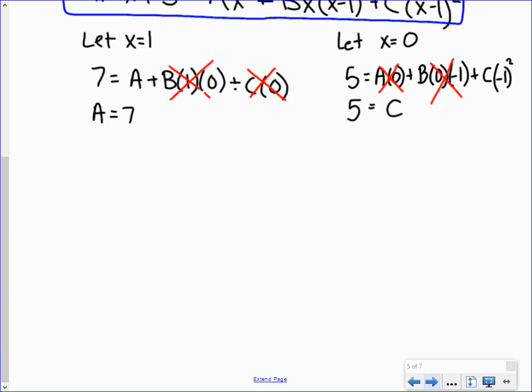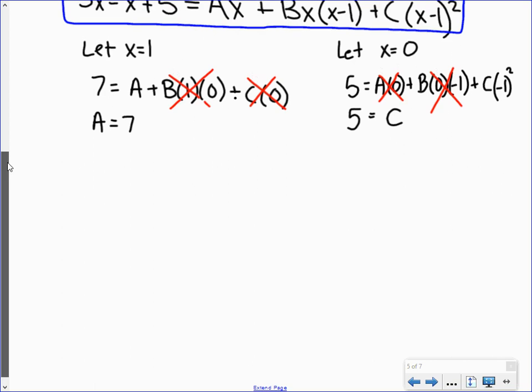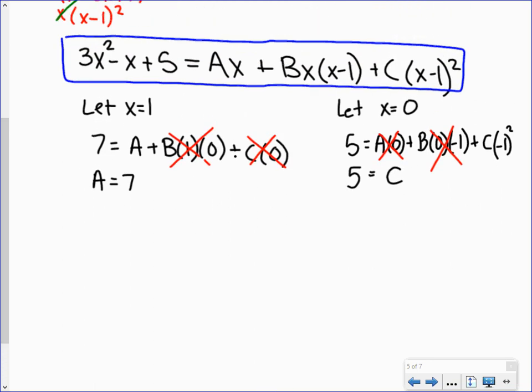Okay, so pull that down real quick. On the left side, I don't have an A or C to plug into, so I'm going to plug in a equals 7 and c equals 5.